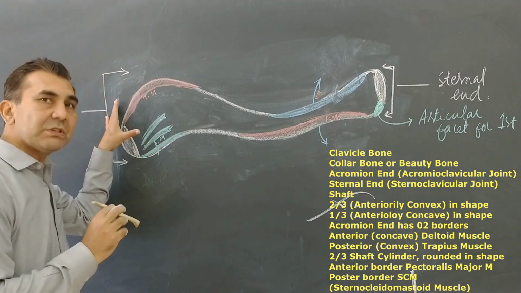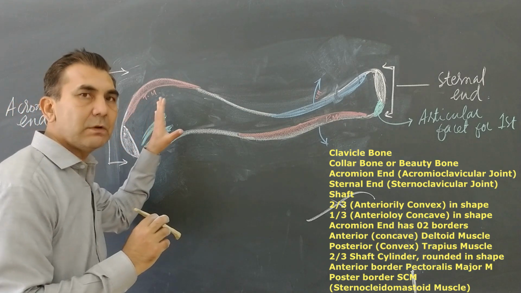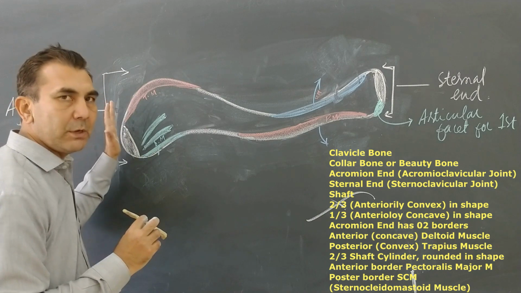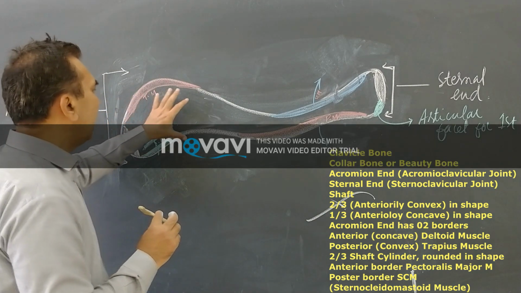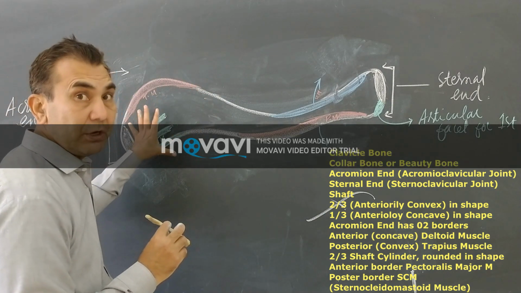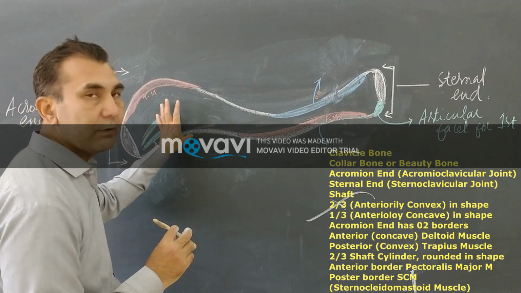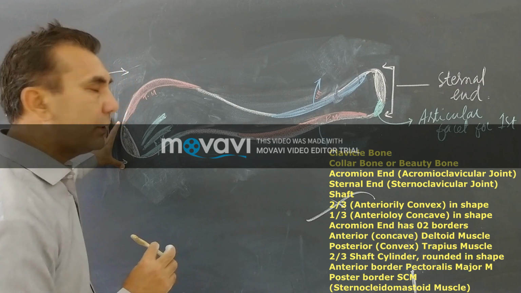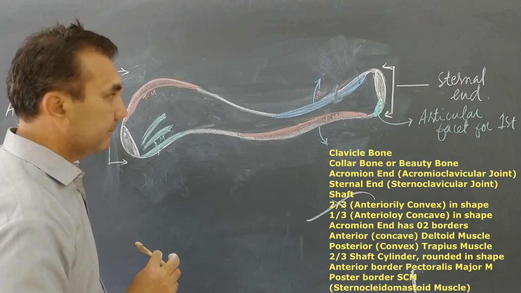The end on the lateral side, which joins with the acromion process of the scapula, is a little flattened and more curved. This flattened end of the clavicle is called the acromion end.